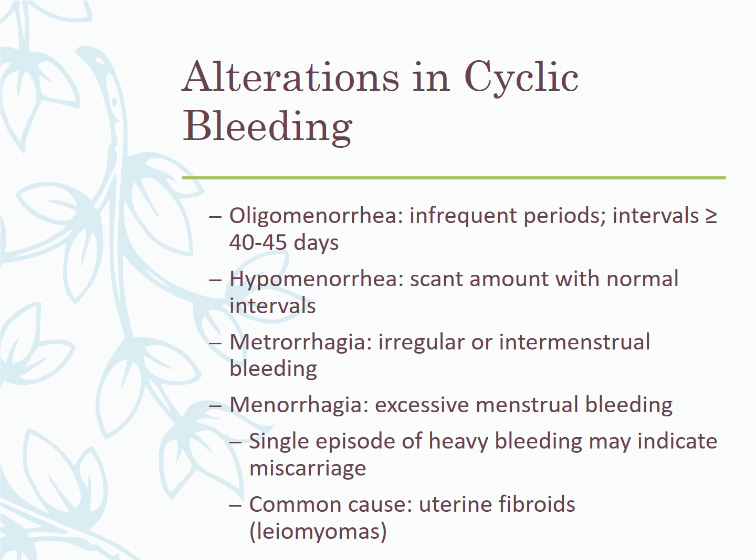Now, the oligomenorrhea and the hypomenorrhea are usually caused by something hypothalamic, pituitary, or an ovarian dysfunction. We want to treat the underlying cause. It can also be an unwelcome, but sometimes welcome, side effect of oral contraceptives.